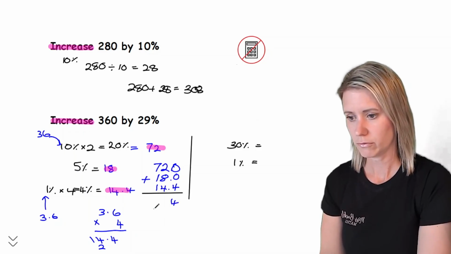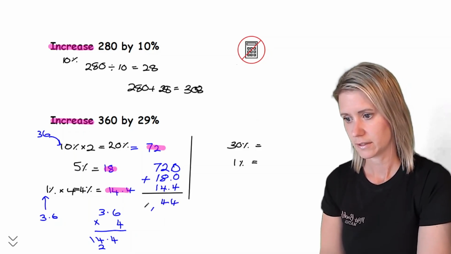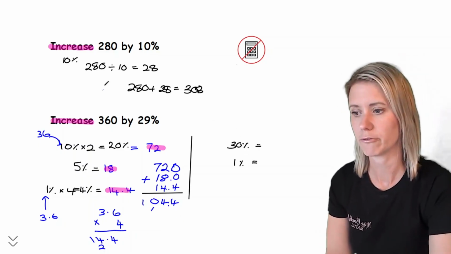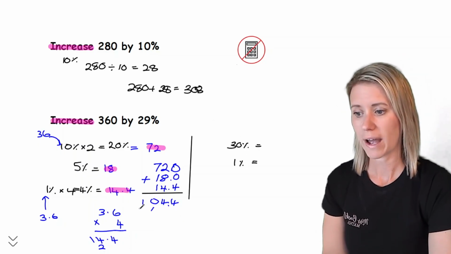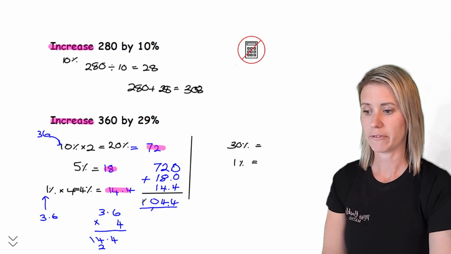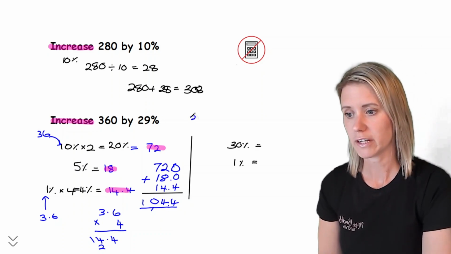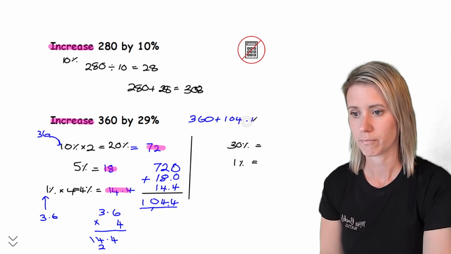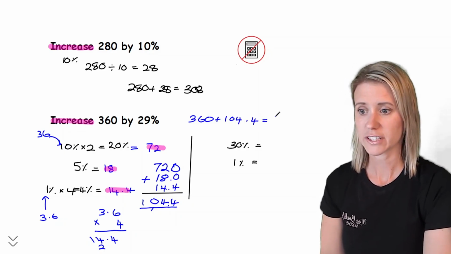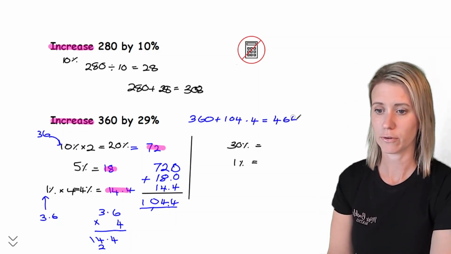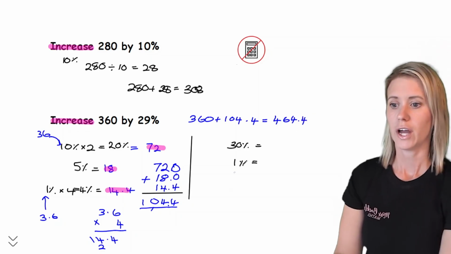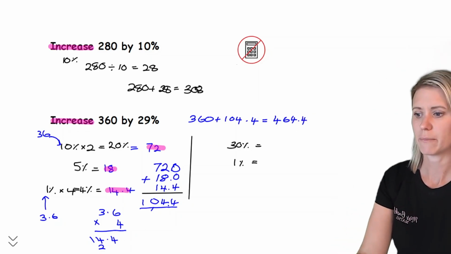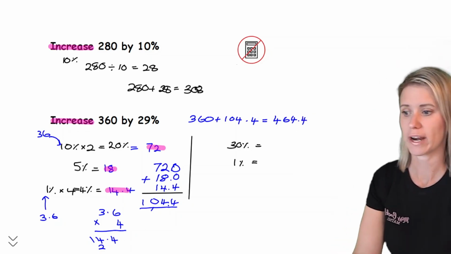So that gives 104.4. Now make sure then you're adding on that 104.4 to the original. So we're doing 360 add 104.4, which gives us 464.4.